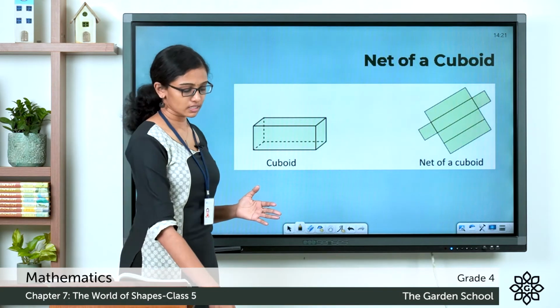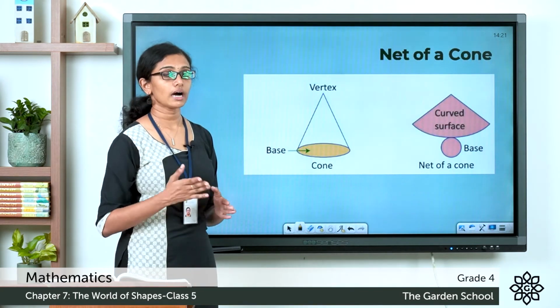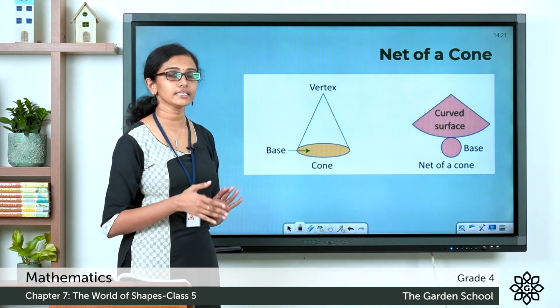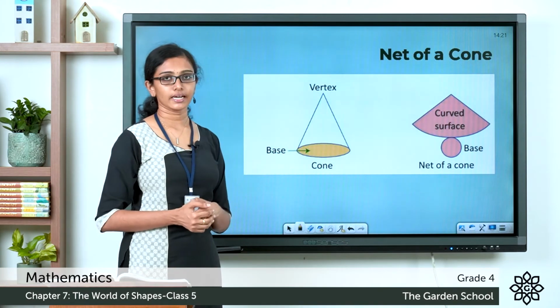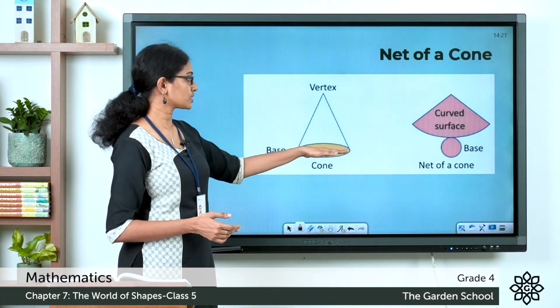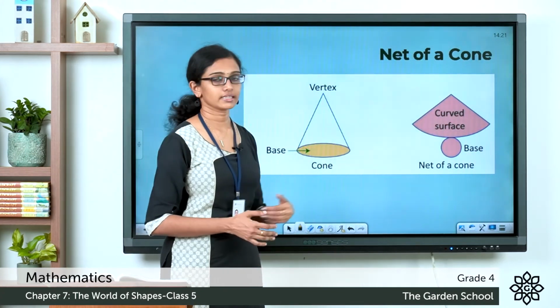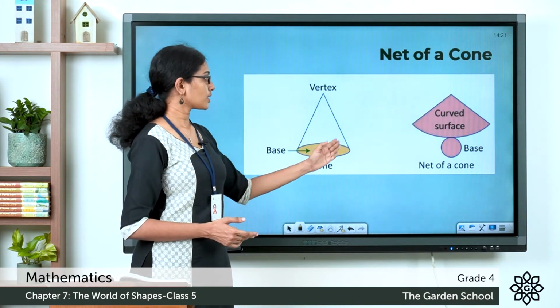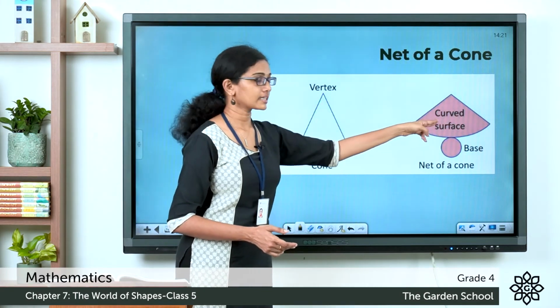Now let's see the next net. Here you have the net of a cone. So we know a cone has got a flat face and one curved face. And what if you cut this cone along the sides, and also separate the flat base from it? You'll get a net like this. When you cut open, when you unfold the curved face, you'll get a pattern like this.